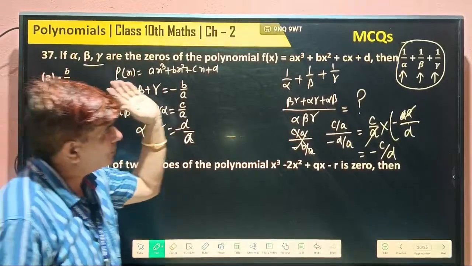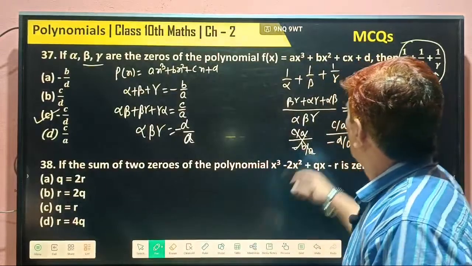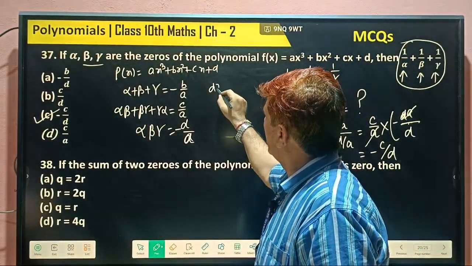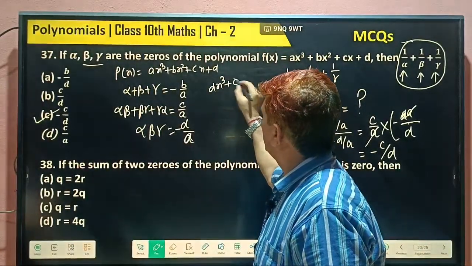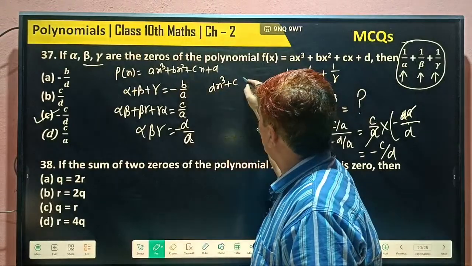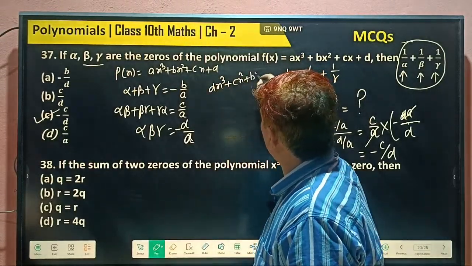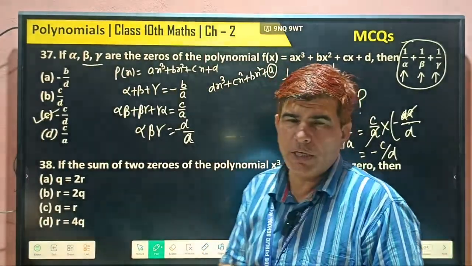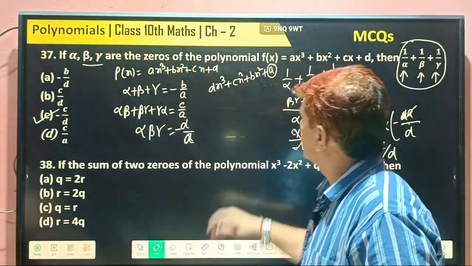If this type of situation comes, I told you many times, you can start from the constant term, d, then the highest variable. Next c is the coefficient of x square, plus b as it is, plus a becomes the constant. The coefficient of x cube becomes the constant of that, and in this way.